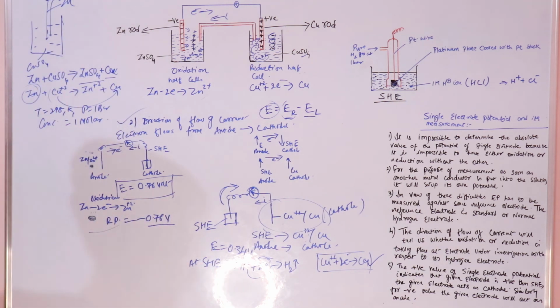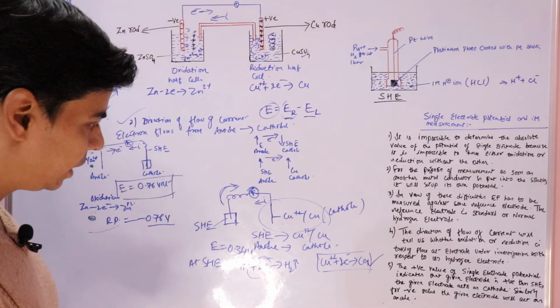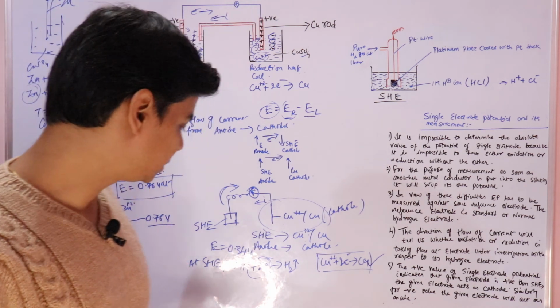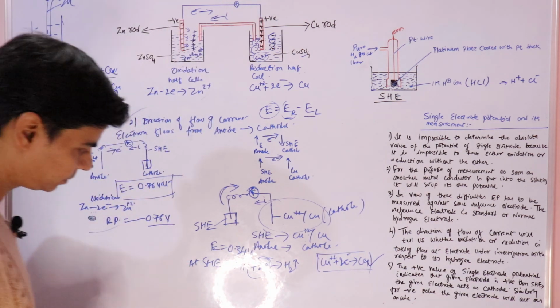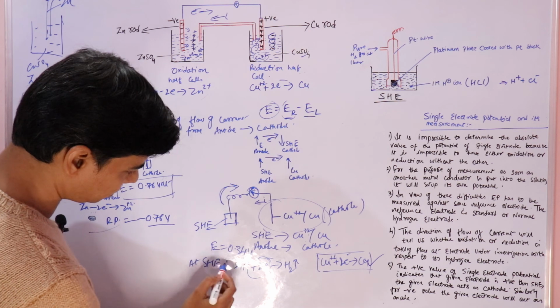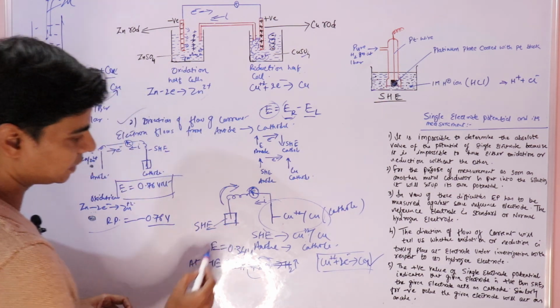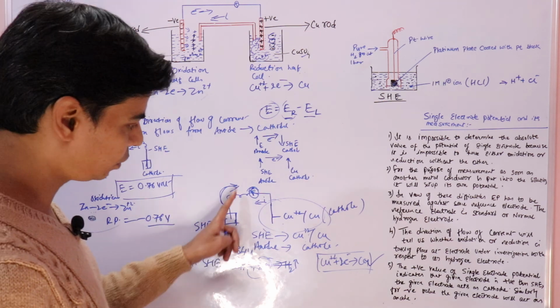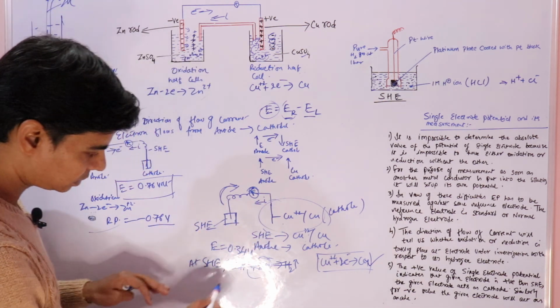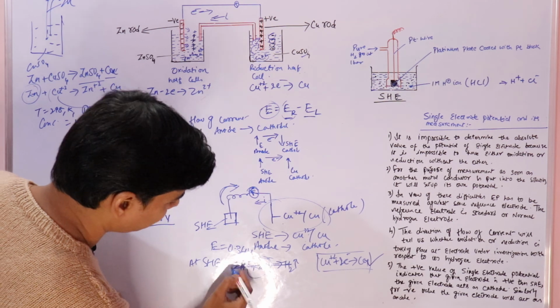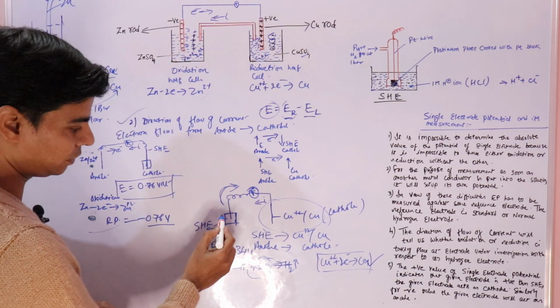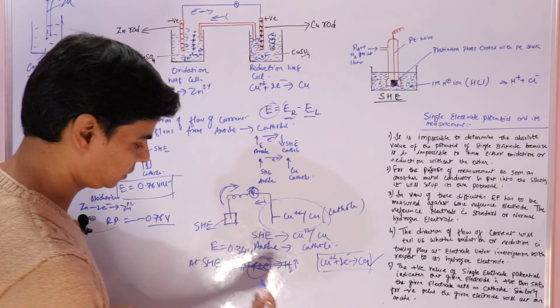So what we are doing here is we are calculating the electrode potential, and one thing, in this case when we coupled standard hydrogen electrode with copper, this is not the correct reaction. Here, since I said that hydrogen will lose electrons, right?